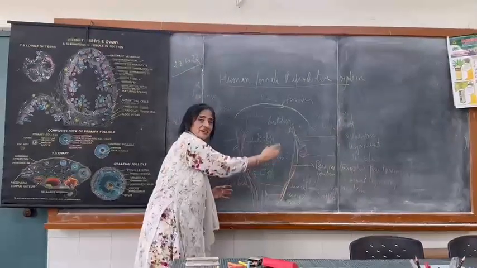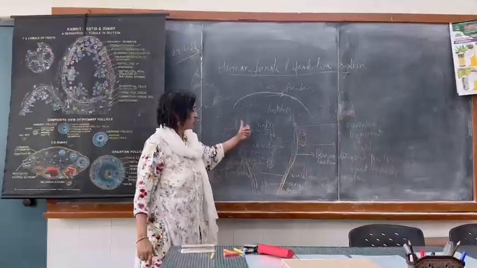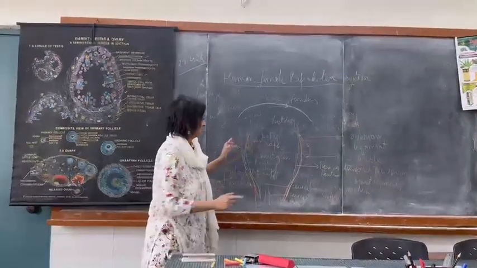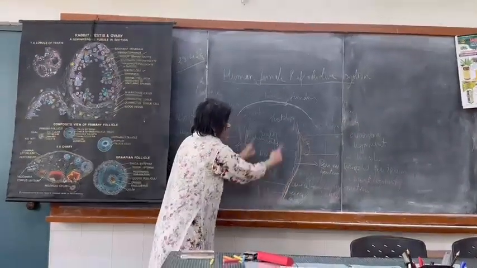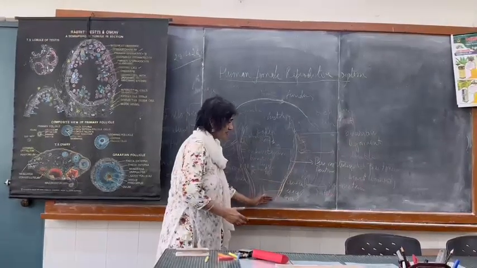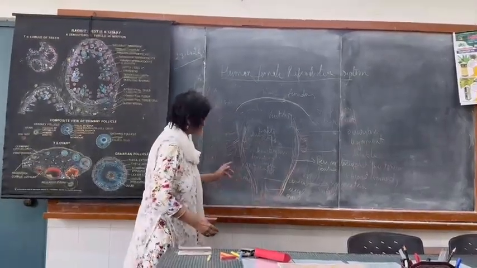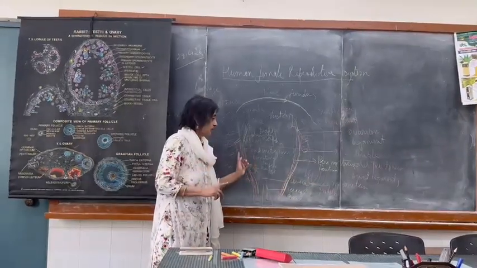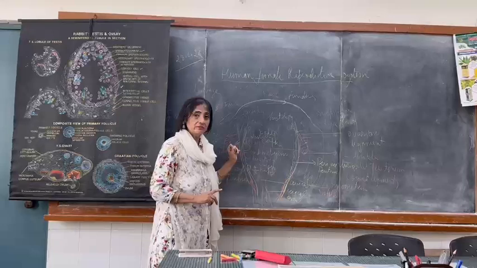Moves down into the uterine cavity and settles in the endometrium wall of the uterus as a blastocyst. This is the main corpus, the body where the growth of the fetus occurs, and this is the cervical canal, which opens outside. The wall of the uterus has 3 layers. The outer layer is the perimetrium.